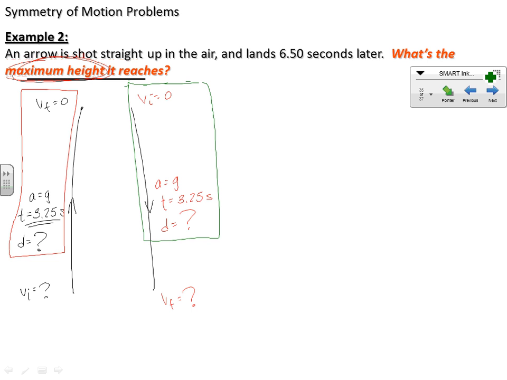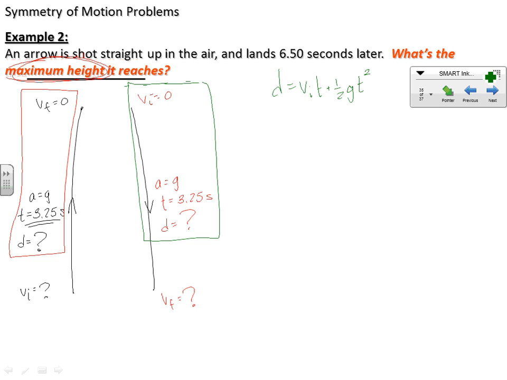Well, the answer is yes. If we say that D is VIT plus 1/2 GT squared, it's okay to put G right in that equation. There are the four things we either know or are looking for.